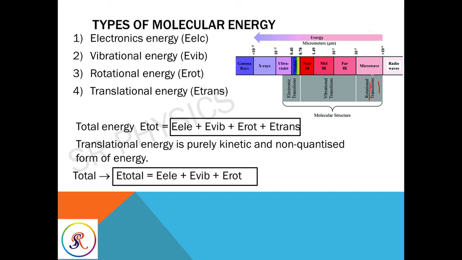Next, infrared. Infrared means vibrational energy. Infrared also has near IR, mid IR and far IR, which are different regions. So this is also vibrational spectroscopy or vibrational transition. Even visible and ultraviolet, we can say, are electronic spectroscopy or the electronic transition region.